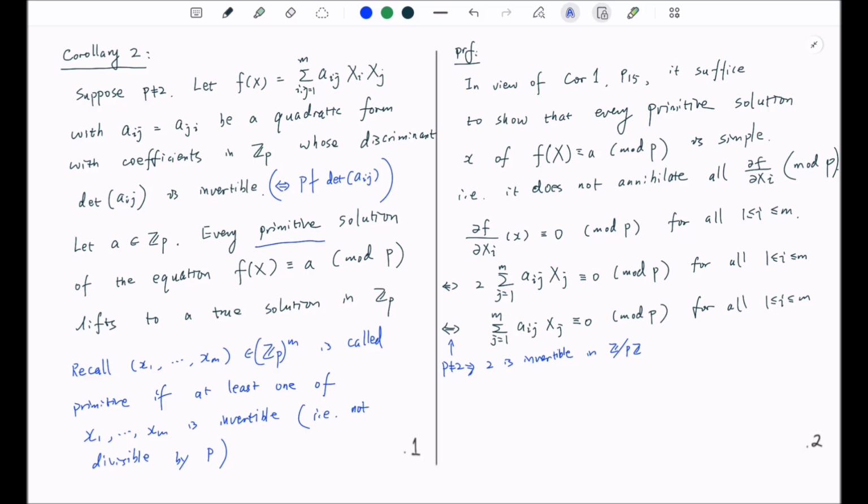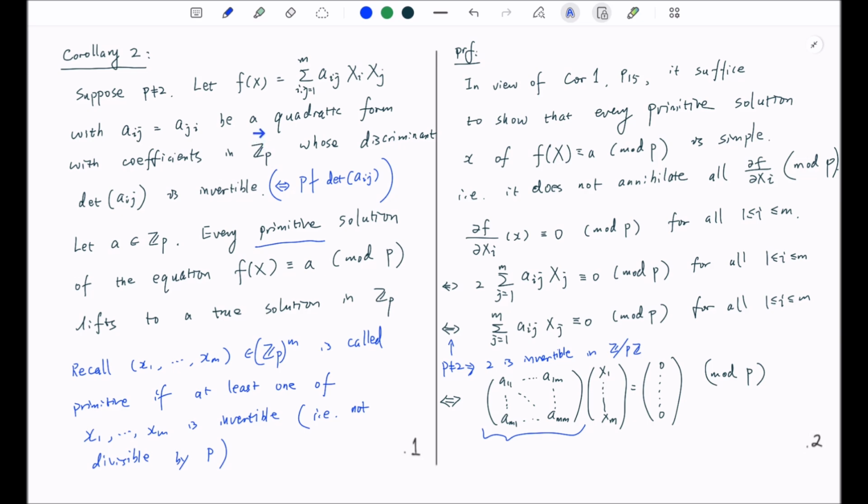Because if you write this in the matrix form, then by our assumption, the discriminant, namely the determinant of this matrix, is invertible in Zp. But being invertible in Zp means p does not divide this determinant, which means in Z mod pZ it is non-zero.